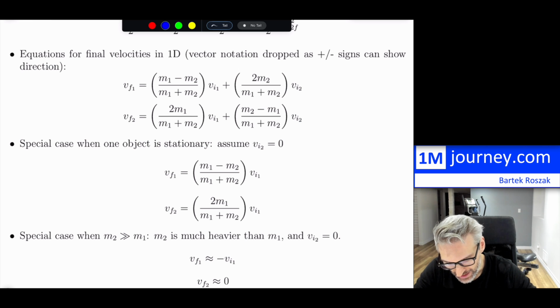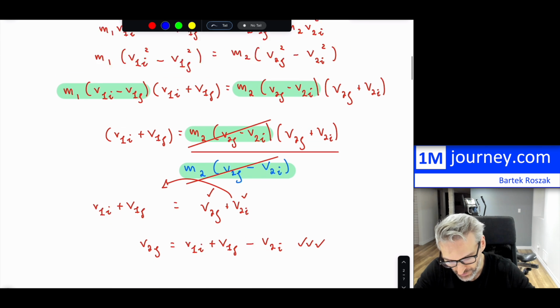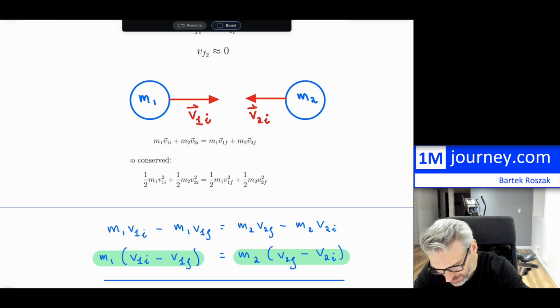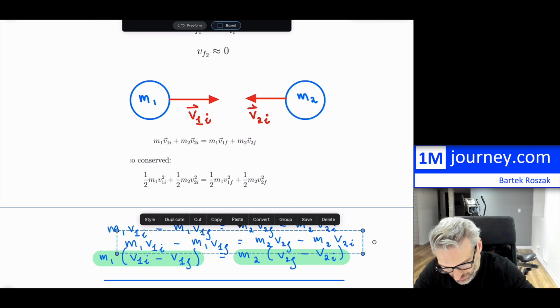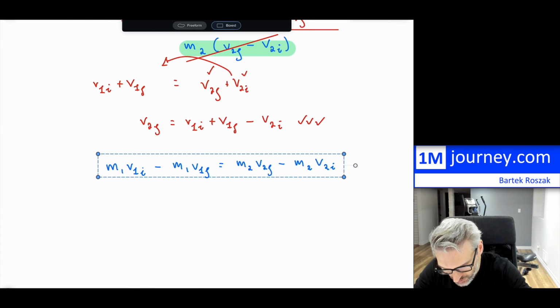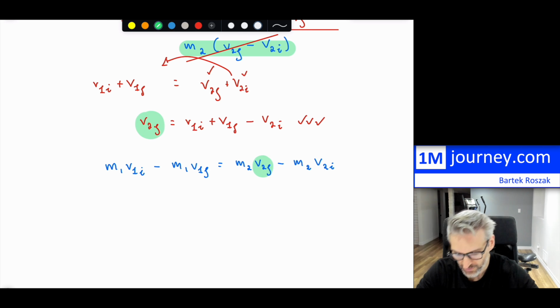So why did I isolate for V2F? Because what I want to do is take all of this right here. I'm going back to my law of conservation of momentum for the two objects. And I'm going to now take V2F right here, and I'm going to substitute it right in there.